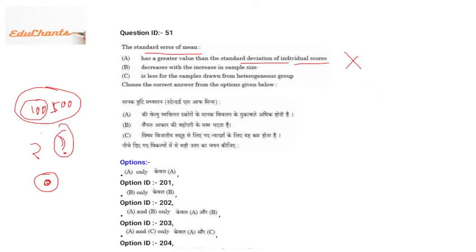So this is correct. Then the third statement, it is less for the samples drawn from heterogeneous group. Heterogeneous means different groups. So definitely this is also not correct. So answer will be B. B will be the right answer, second option. Okay.